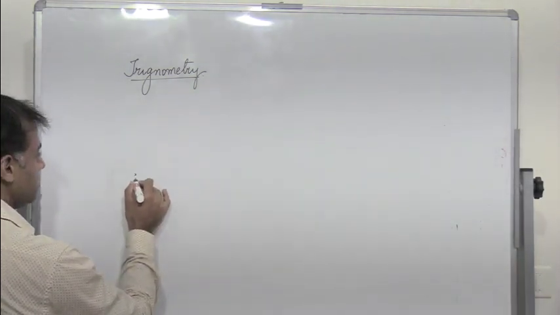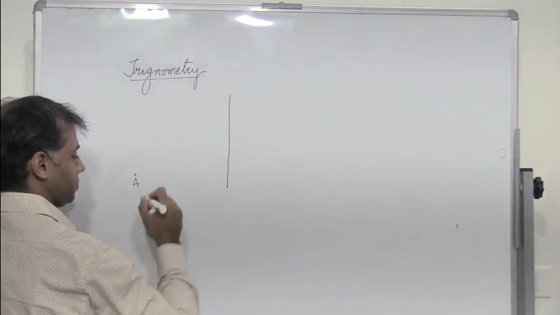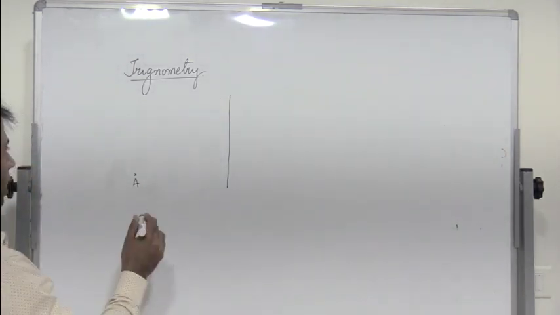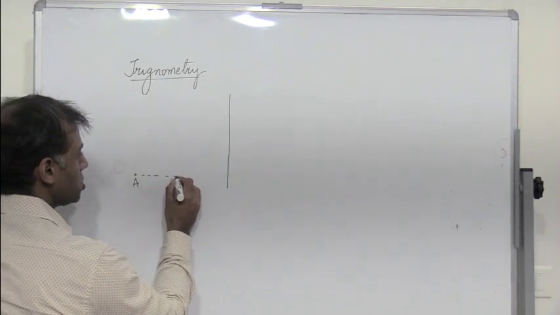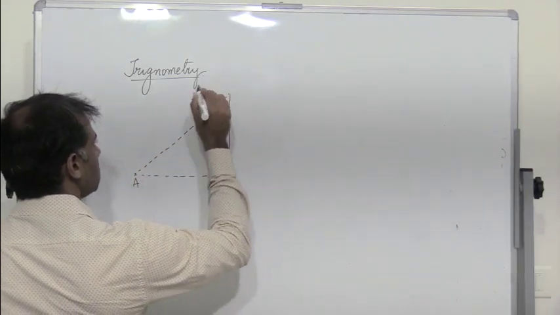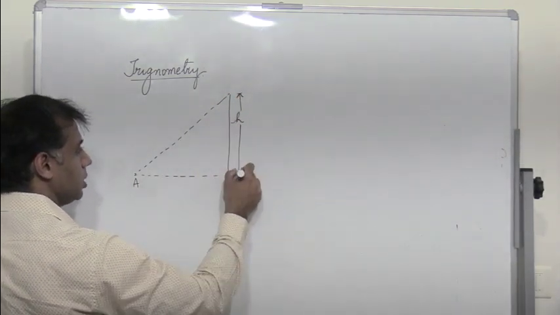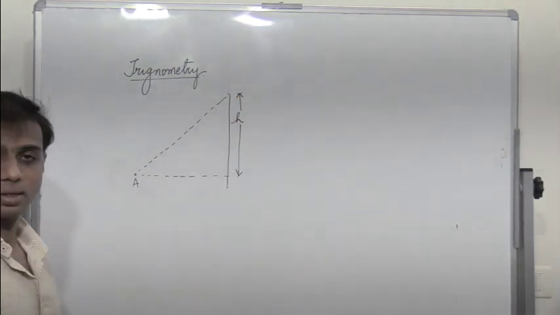So let's assume that there is a student A standing and there is a tower, right? Is it possible for the student A to find the length or the height of the tower without measuring it?